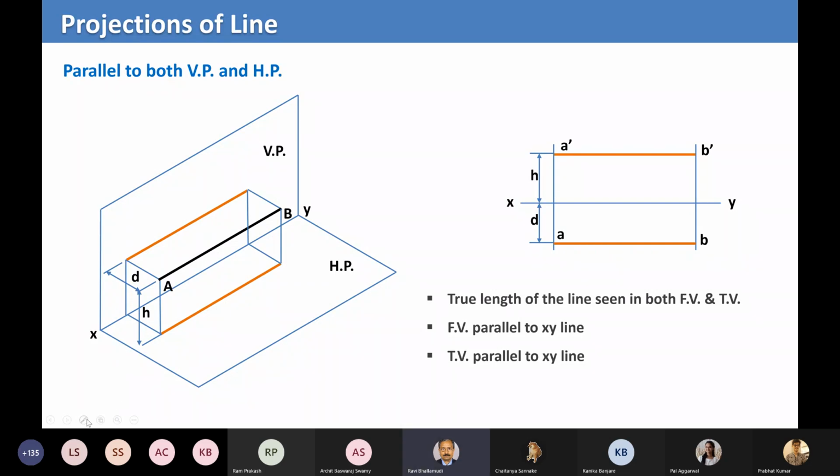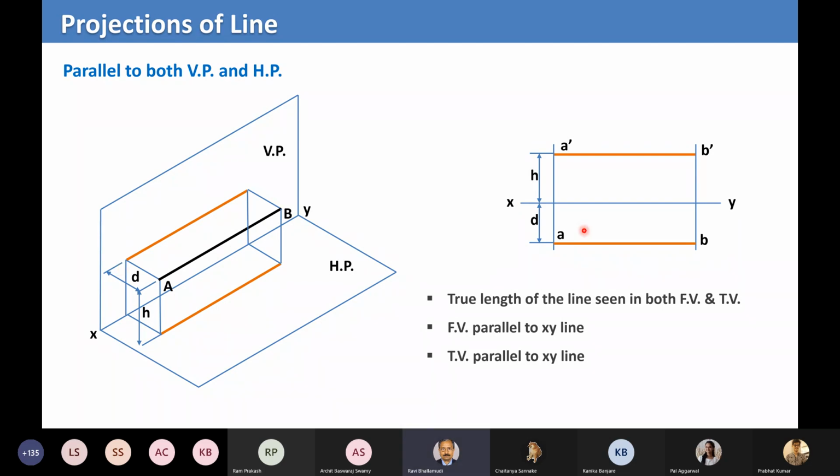Basically, the line AB, capital A, capital B, has its top view projection small a, small b, which is at a distance of d from the vertical plane, represented by line XY in the top view.